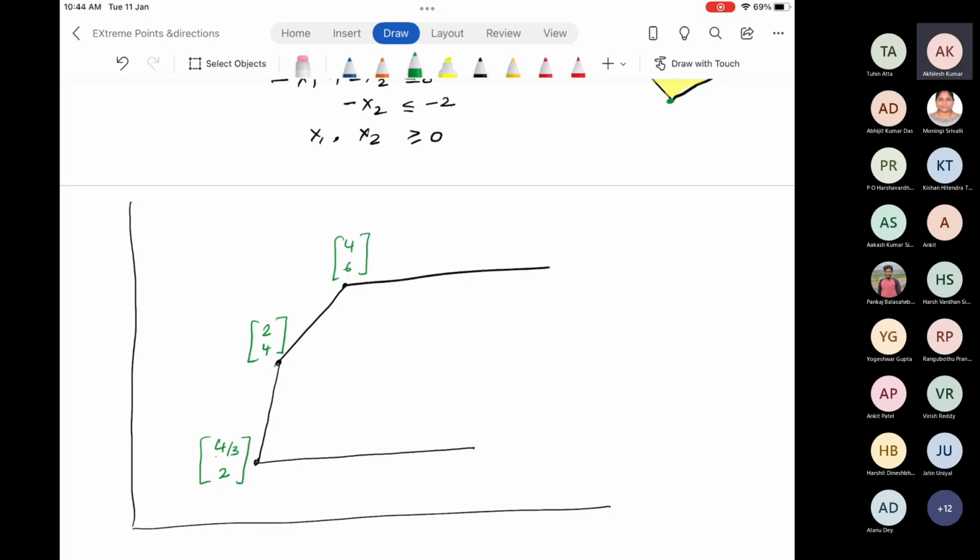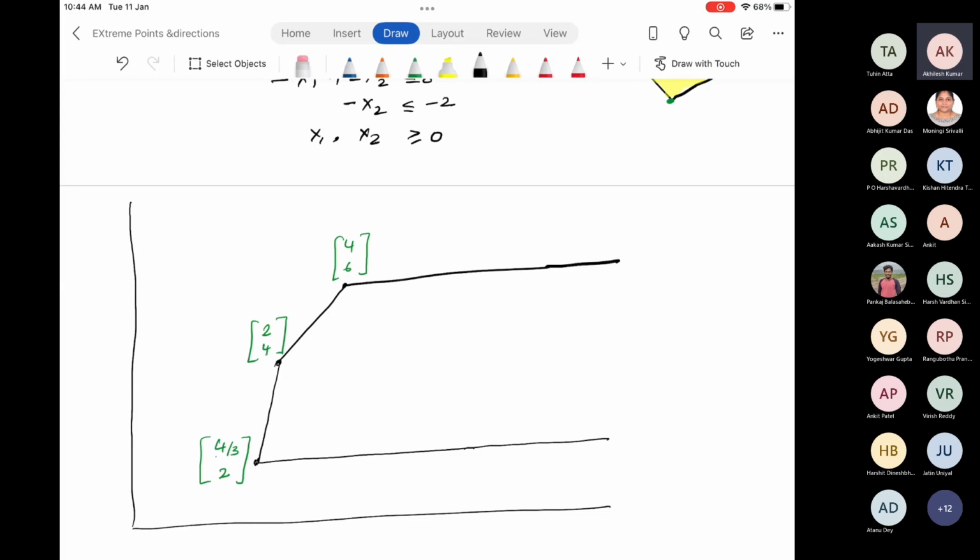Okay, so these are the three extreme points possible, right? Yes. Let's make participation easier.